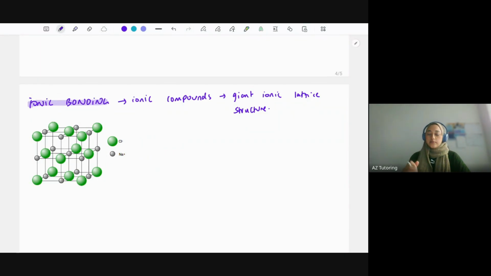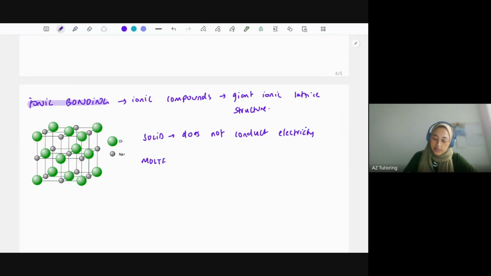When it's solid, it does not conduct electricity because the electrons are not free to move, they're not delocalized. However, if you make this ionic compound molten, meaning you've melted it, then it can conduct electricity because the ions are free to move.